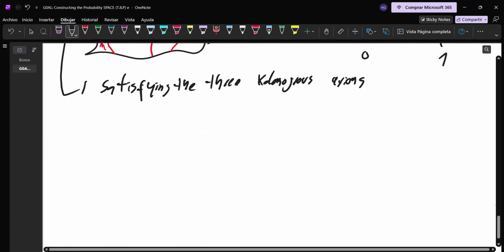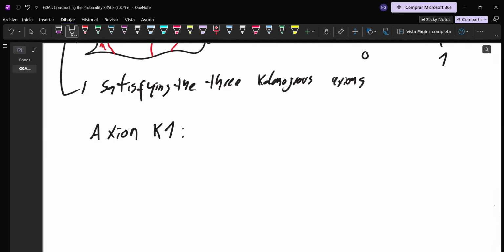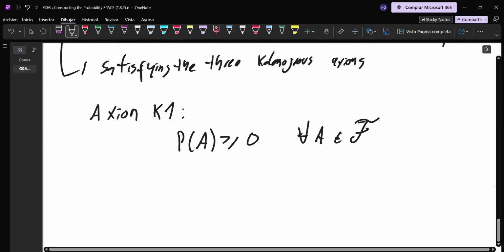This is the axiom. Kolmogorov 1 is non-negativity: the probability of an event is positive or 0 for all elements in F. This is the first one.